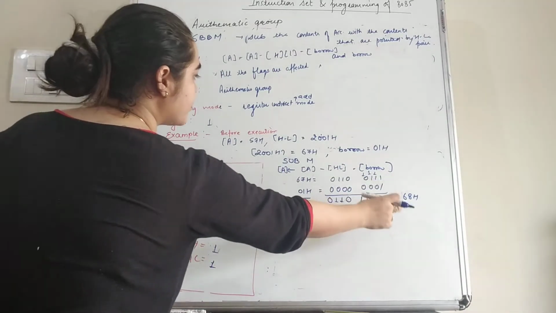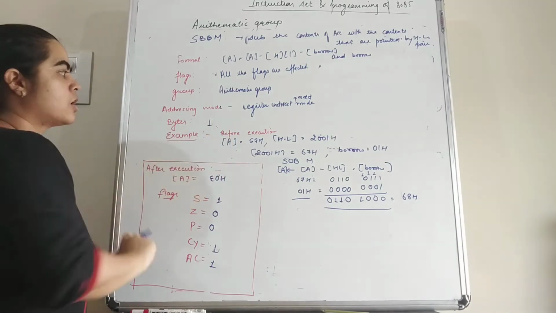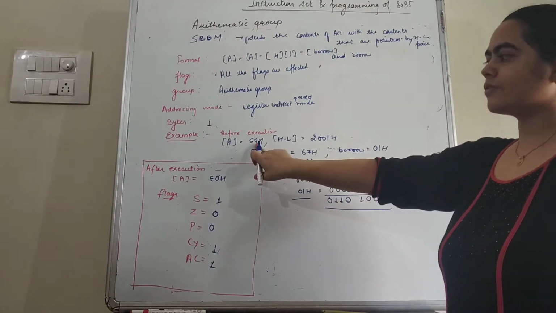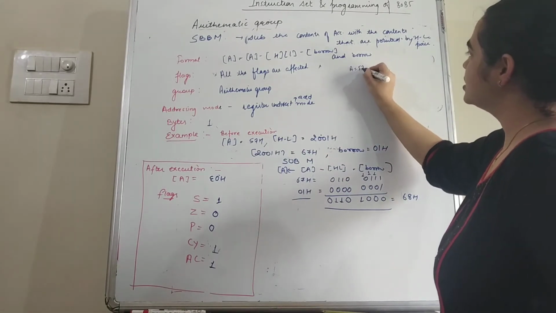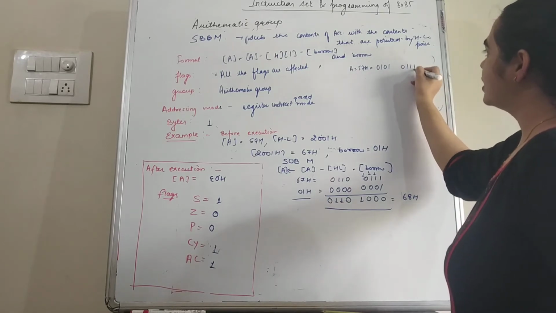Now we can subtract this 68H from the contents of the accumulator. Now students, you can see the contents of the accumulator are 57H. So 57H means 0, 1, 0, 1, 0, 1, 1, 1.